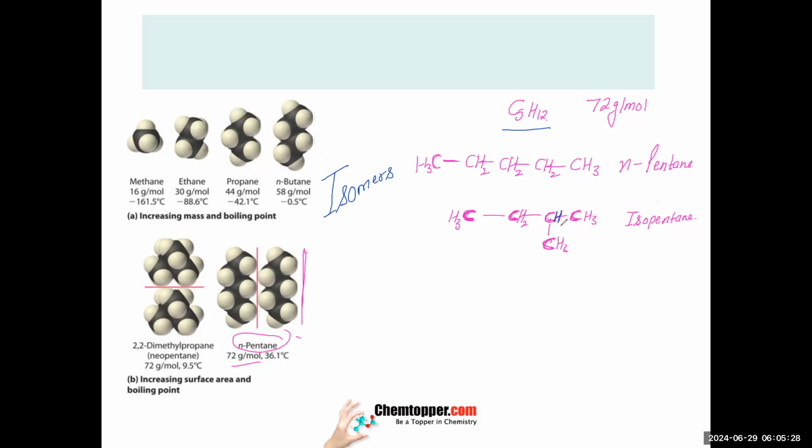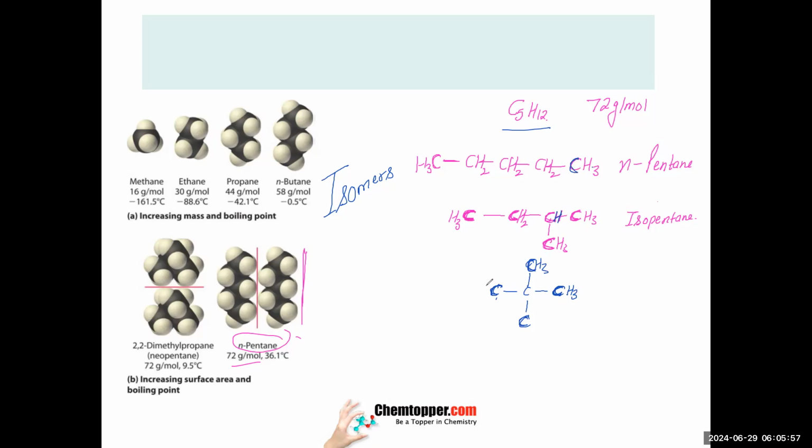So there is a branch here. Branching has taken place. Now you can have 3 carbons in the straight chain and 1 carbon here and 1 carbon here. Can you put hydrogens on this? How many on these carbons? We call them terminal carbons. Terminal carbons are always with 3 hydrogens. You see, this is terminal, 3 hydrogens.